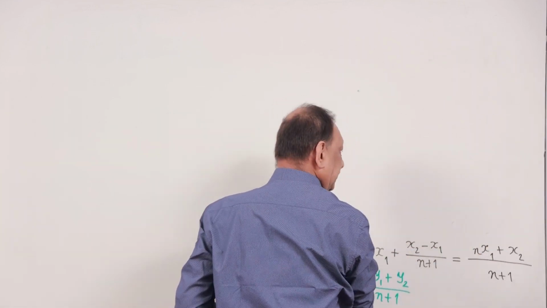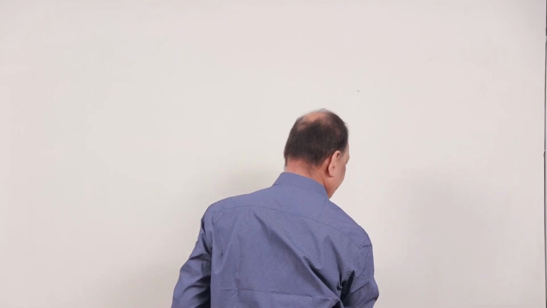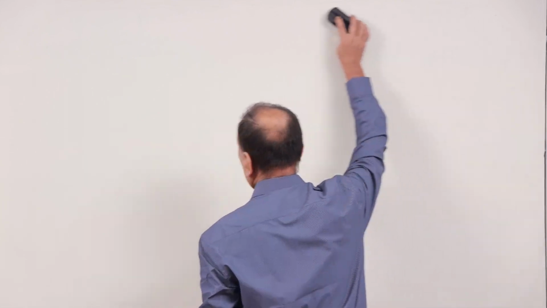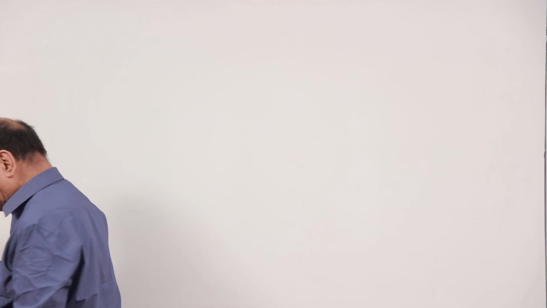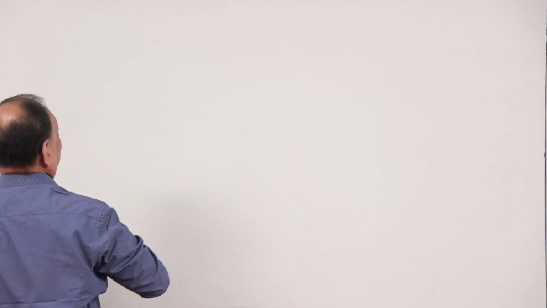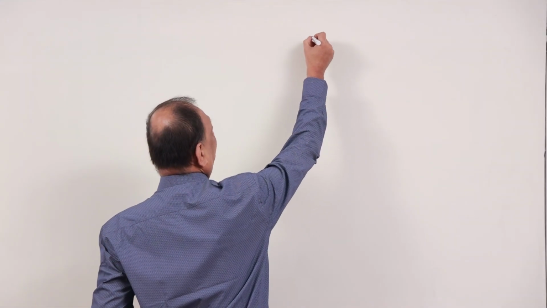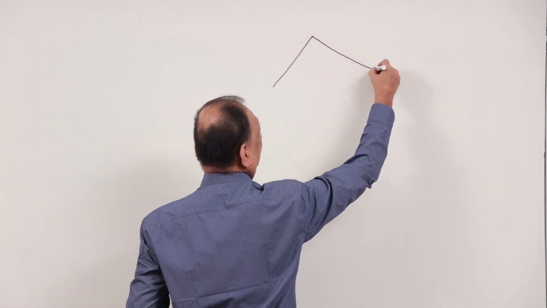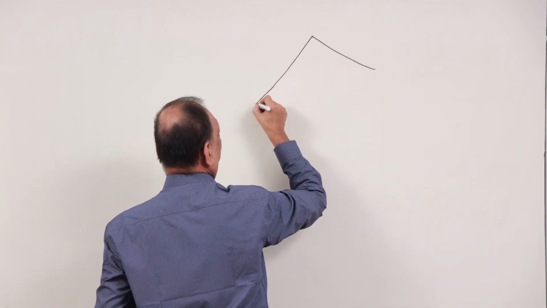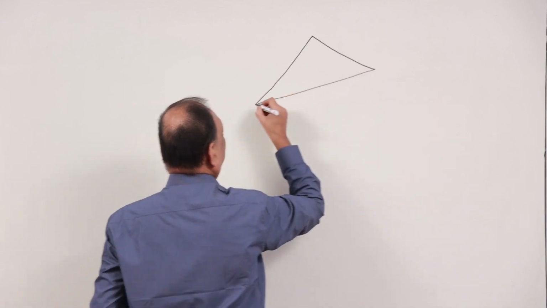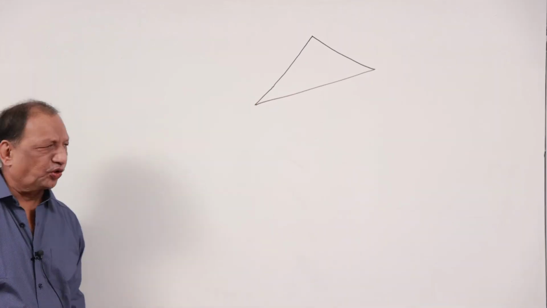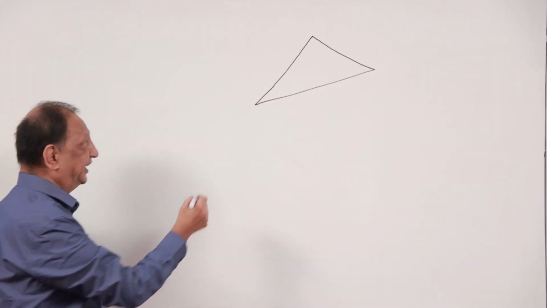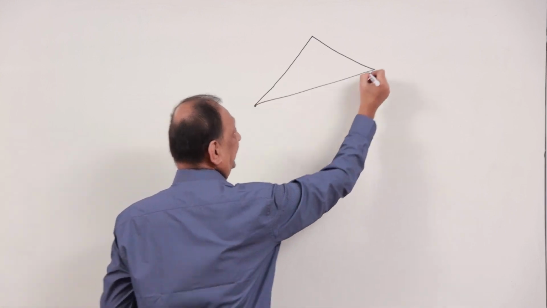Now, what we want to do next is to prove the theorem that medians of a triangle are concurrent. That is the proof that we want to do, right? So we draw a triangle as usual. In fact, in analytic geometry, you don't even need to draw the triangle. No, we need the coordinates of the vertices, right?